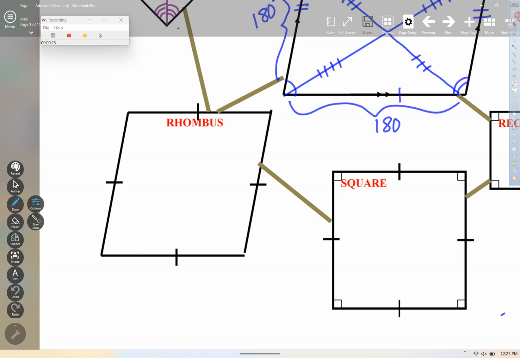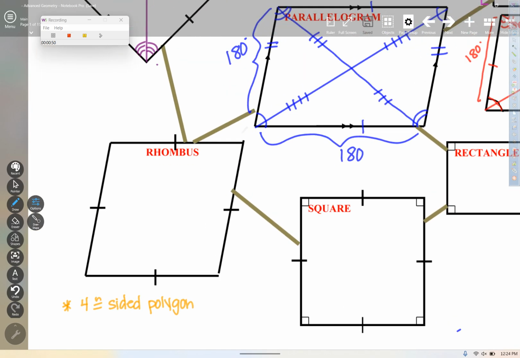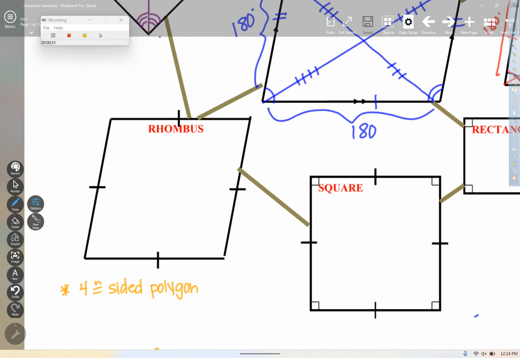Little asterisk here. If you remember, a rhombus's definition was a 4 congruent sided polygon, which just means that all the sides were equal, right? Since it's connected to a kite and a parallelogram, we're going to take all those properties with it.